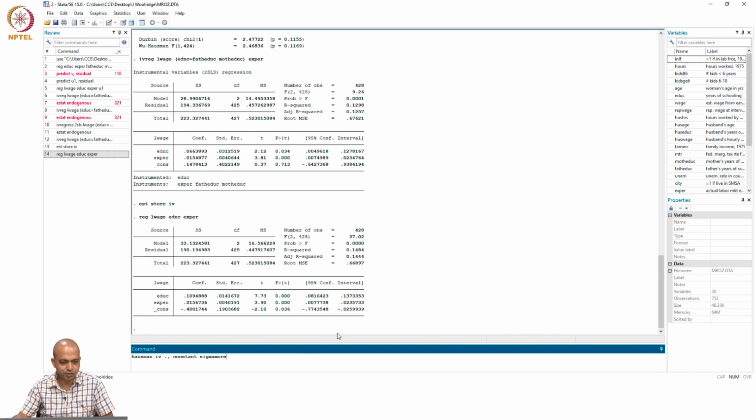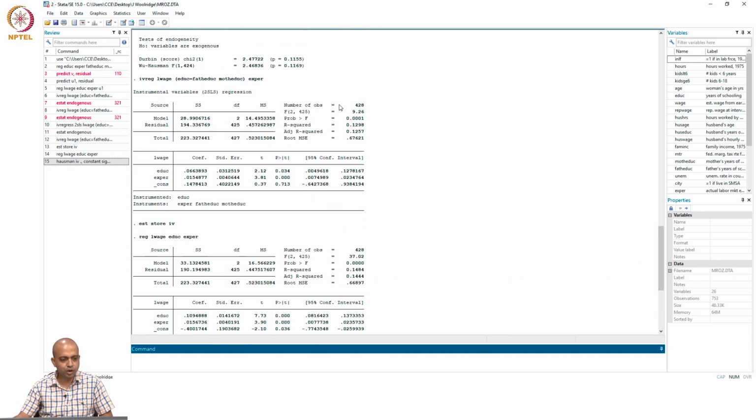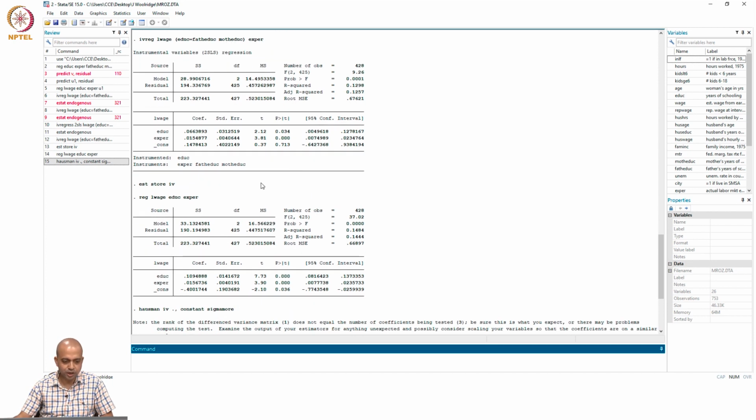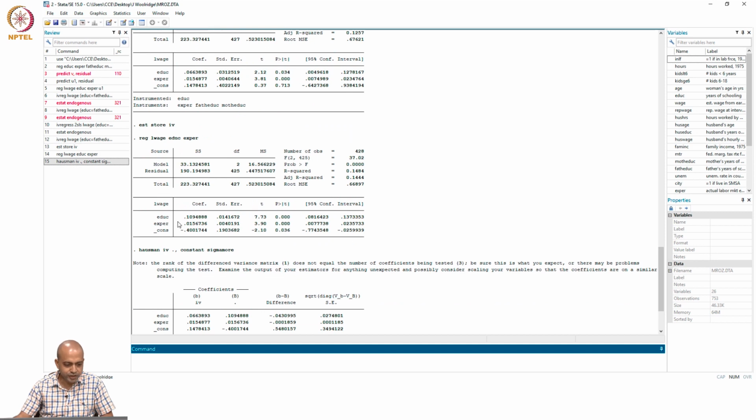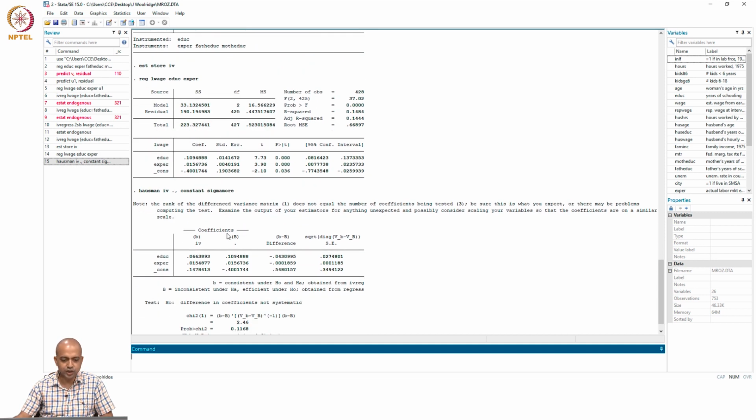So, we first estimate the model using IV, that means the 2SLS method, then we estimate the same equation by OLS, and then by putting this command hausman iv constant sigmamore, we are asking Stata to report the DWH test statistic. How is it doing? Look at here.